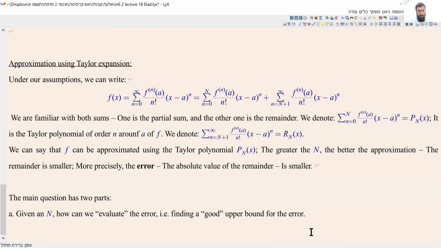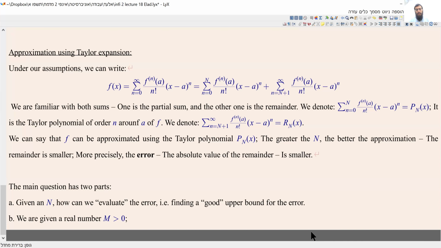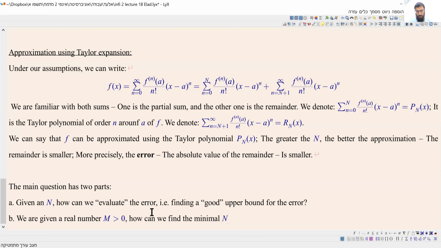Okay, and B, we are given a real number M, and how can we find the minimal N such that the error is smaller than M?